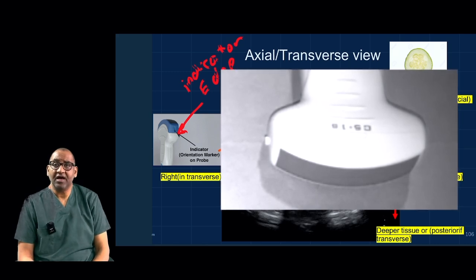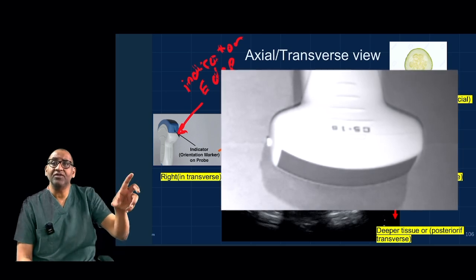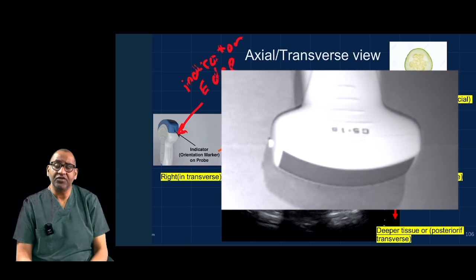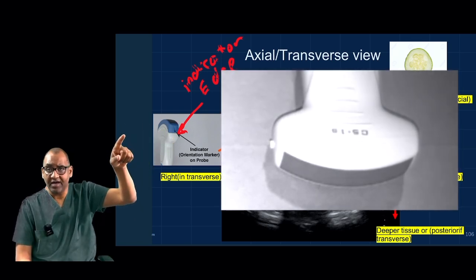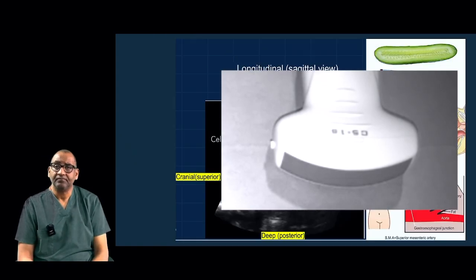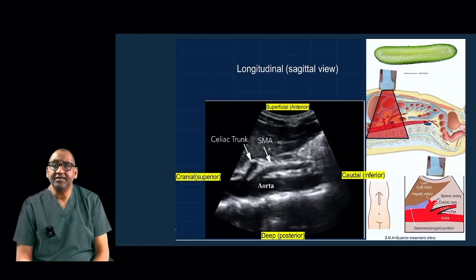The machines are automatic, so the moment you switch the probe to the curvilinear, it will put the indicator on the left hand side, unless you want to change it. And this is the longitudinal section of the aorta, as you can see.